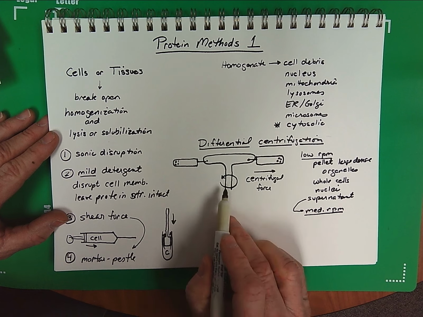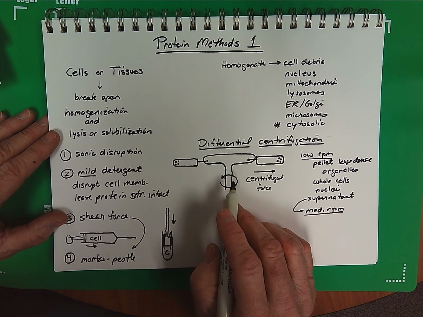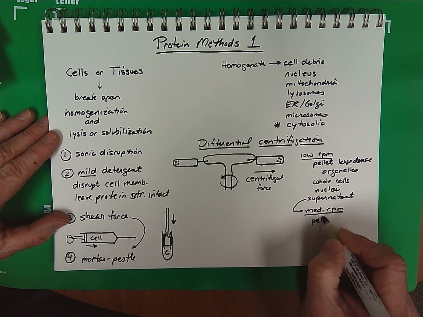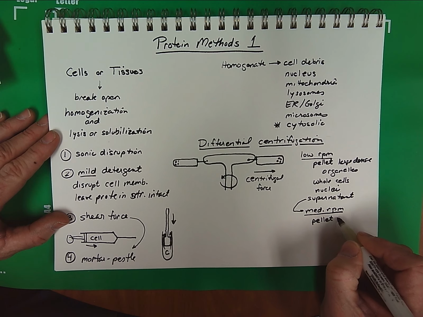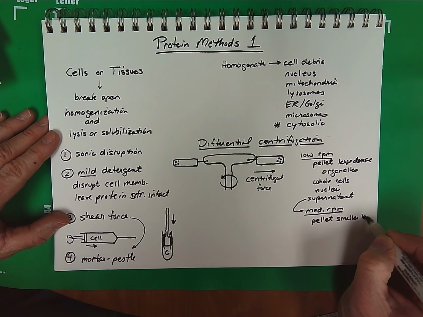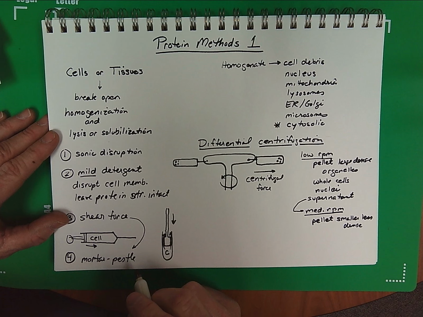So essentially what we're going to do is spin this rotor faster. At this point, what is going to pellet are smaller, less dense material.